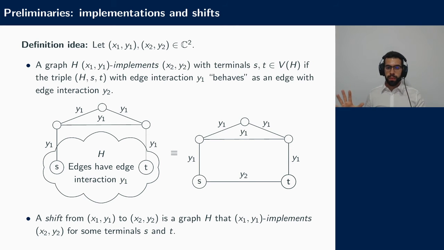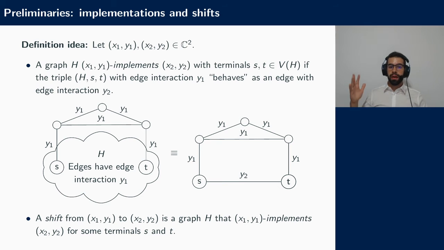Okay, so what I mean by behaves is that if we look at the two graphs that you can see on this slide, the partition function evaluated on the graph at the left is really the same one as the partition function of the graph at the right, up to a constant factor that is easy to compute.